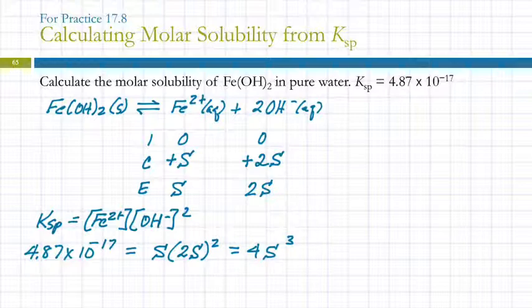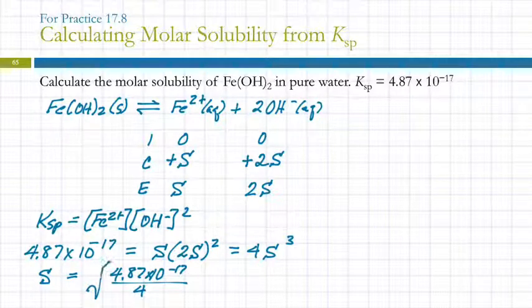So then S is going to equal, we're going to take the KSP and divide by that 4 and then take the cube root of that whole thing. Your calculator should have a way of doing cube root.